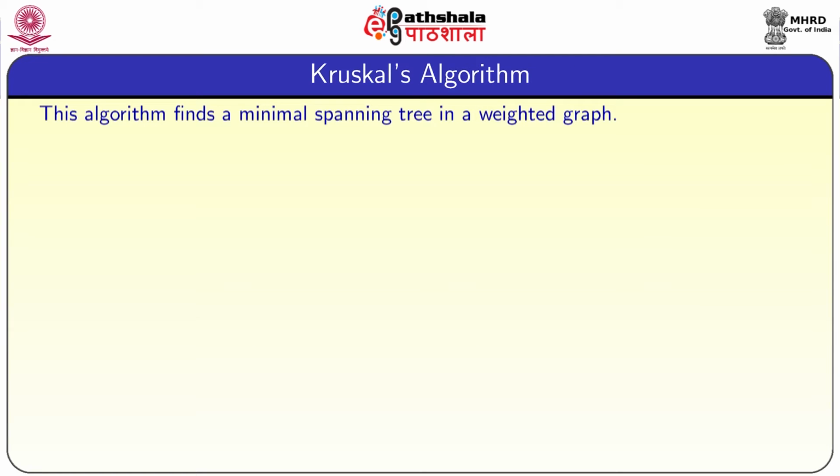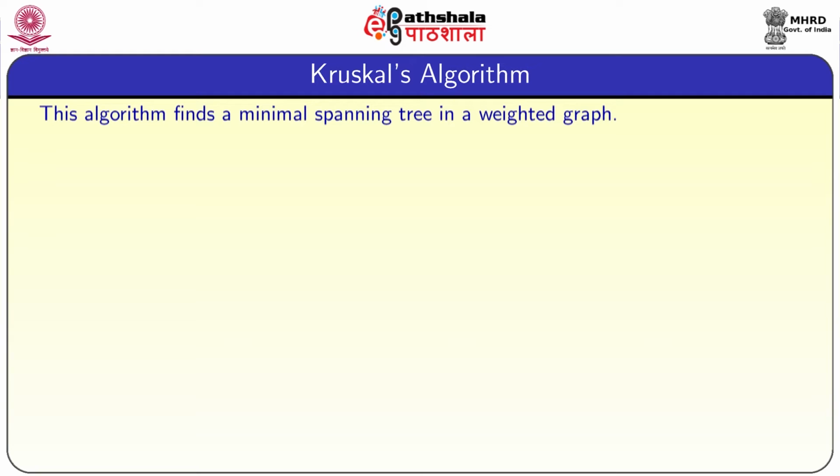Now we will see some algorithms which are going to give minimal spanning trees. The first algorithm in this direction is Kruskal's algorithm. This algorithm finds a minimum spanning tree of a weighted graph. So the algorithm goes like this.